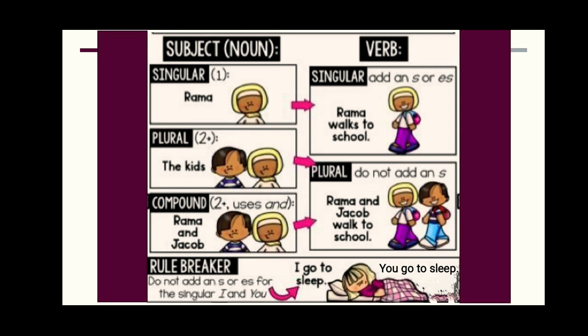Rama is the subject here, and the rule is that when our subject is singular, we add s or es in the main verb. So, if I have to give you an example, it would be Rama walks to school. That means that we have added s in walk. We do this rule only in present simple tense, present indefinite tense.